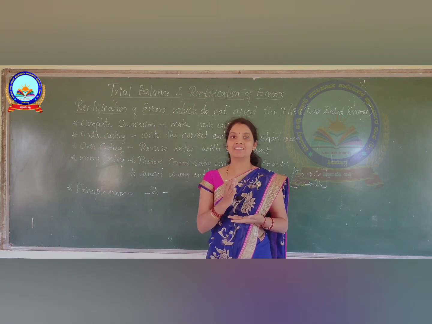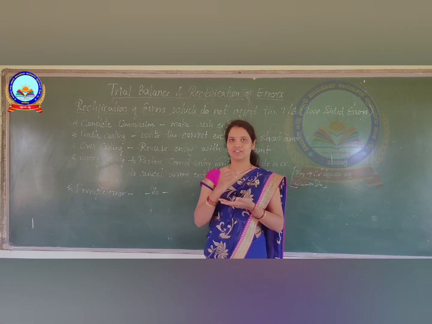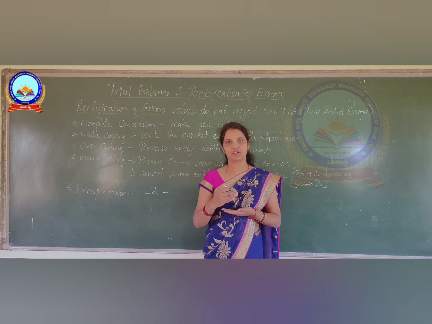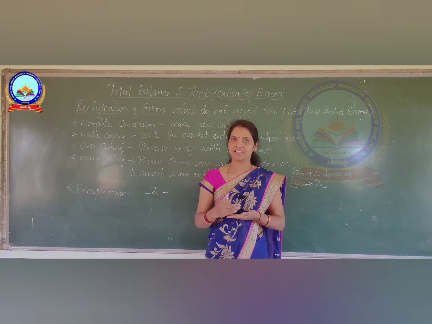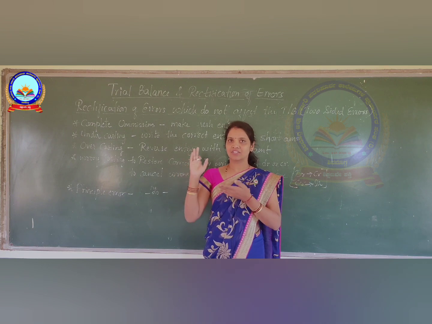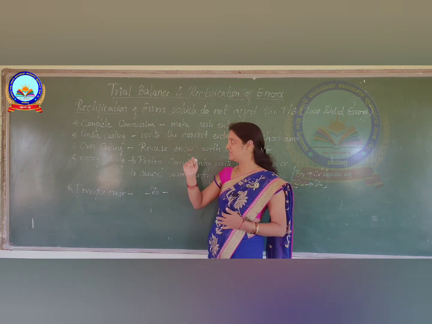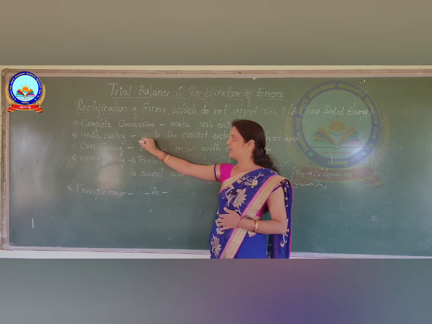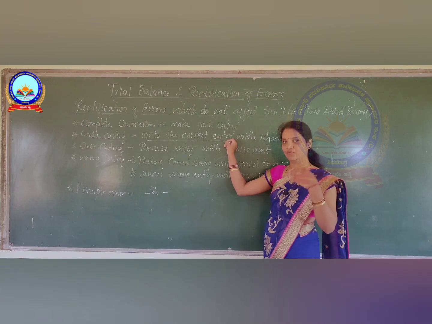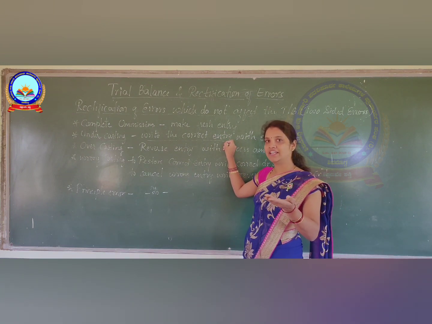Which side is decreased? In purchases, both the sides. Purchases account debit to cash account. The entry is the same, but we wrote the amount as 1,000. So the amount is decreased. Then what we have to do? Write the correct entry once again. What is the entry?